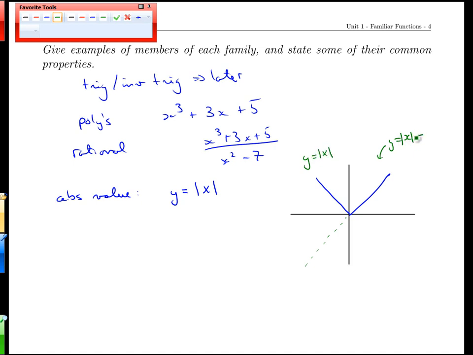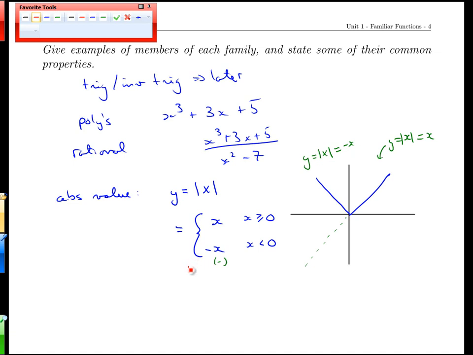Let's actually slide this in here. On this side, it's like y equals x. When x is negative, though, we don't take the graph of y equals x. We take the graph of its flipped version vertically, which is the graph of y equals negative x. And in fact, we can write it that way if we like. The graph of y equals absolute value of x is the same as the graph of y equals x when x is larger than or equal to 0, and when x, the input, is negative, we take that negative number and we make it positive by adding another negative out front.